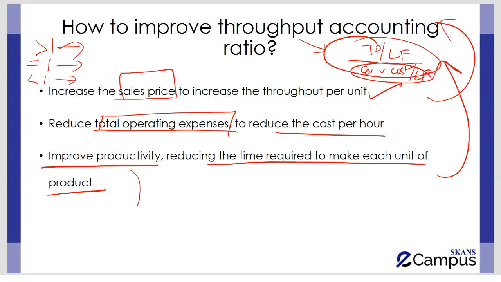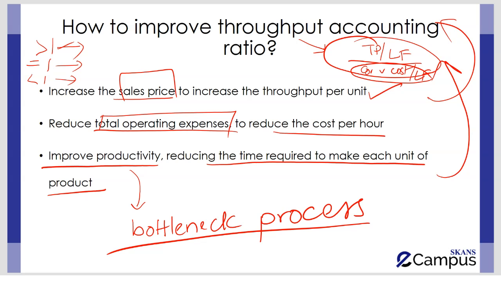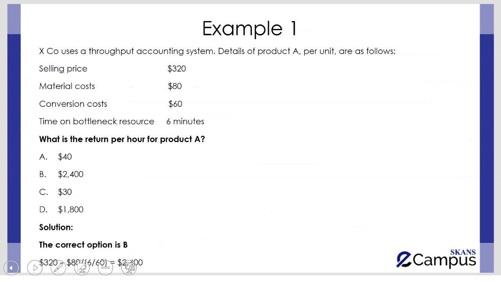So improving productivity, especially of the bottleneck process, is going to improve the throughput accounting ratio. Improving the productivity of a non-bottleneck constraint will not improve the throughput accounting ratio, as currently the most binding constraint is the bottleneck process itself. Let's consider a few examples to understand the calculations of the ratios we just discussed in more detail.